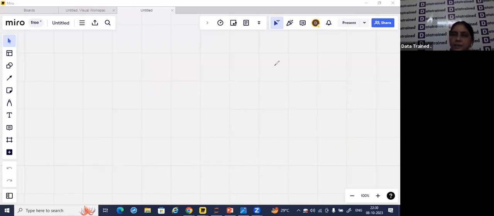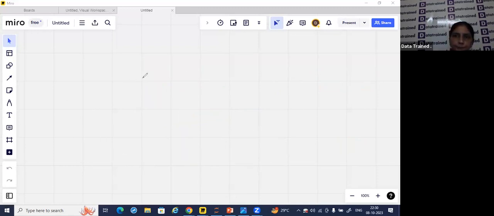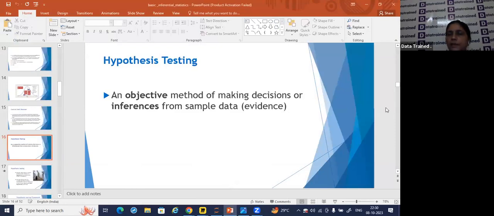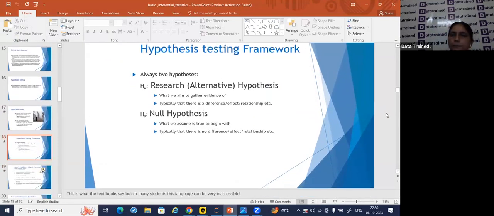So basically, this is hypothesis testing, where we need to understand which way to go, whether to the null hypothesis or the alternative hypothesis.